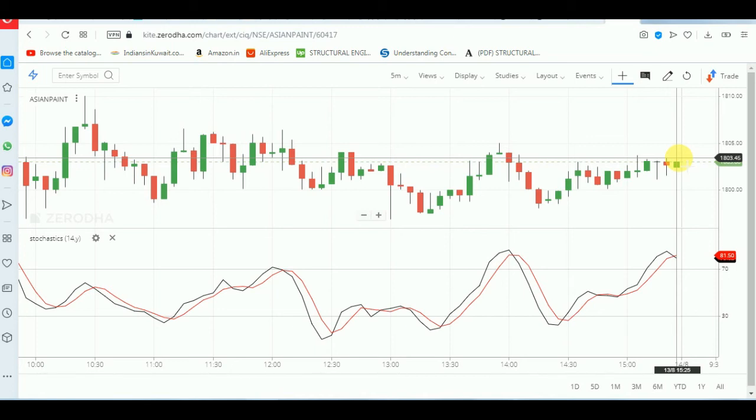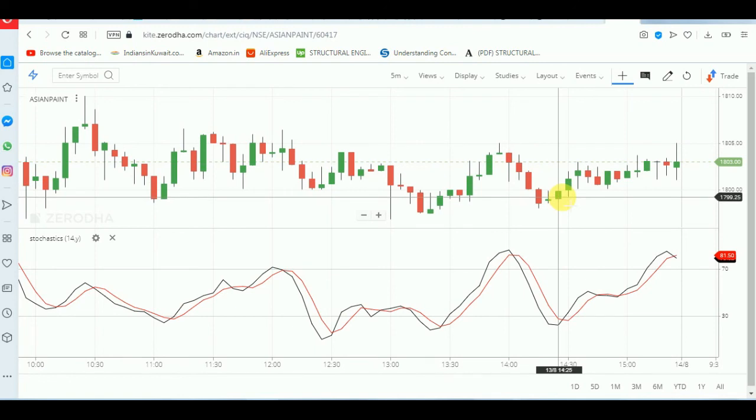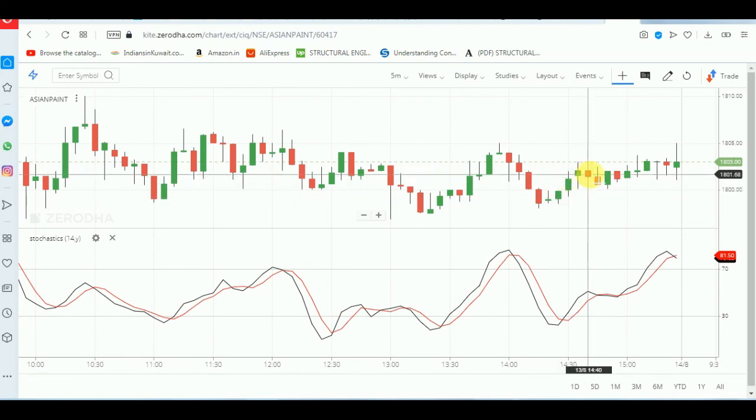So it is only 4 rupees of profit, which is nothing basically. For this, how long does he need to wait? 5, 10, 15, 20, 25, 30, 35, 40, 45, 50, 55, and 1 hour. 1 hour 5 minutes he would have been waiting to capture this 4 rupees.